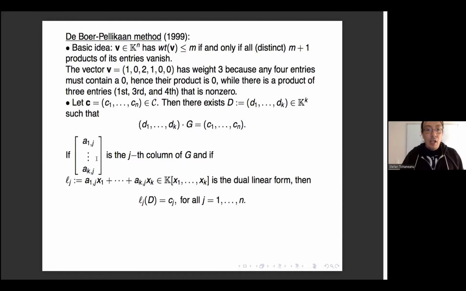To the jth column, we create a linear form that has as coefficients the entries in that column. So if we do this product of vector times matrix, it means that in every entry j, we evaluate that linear form at this point d.